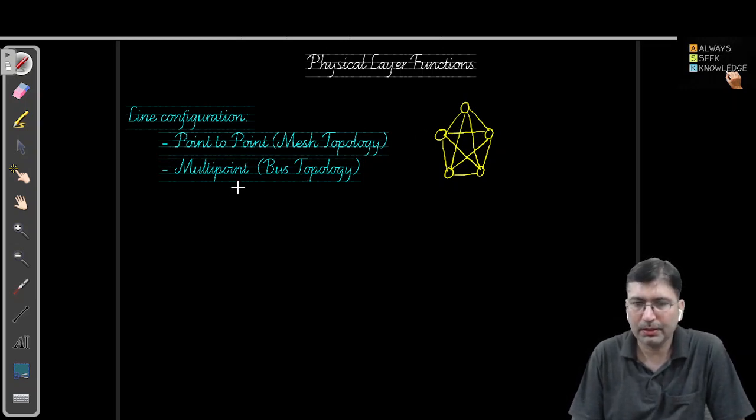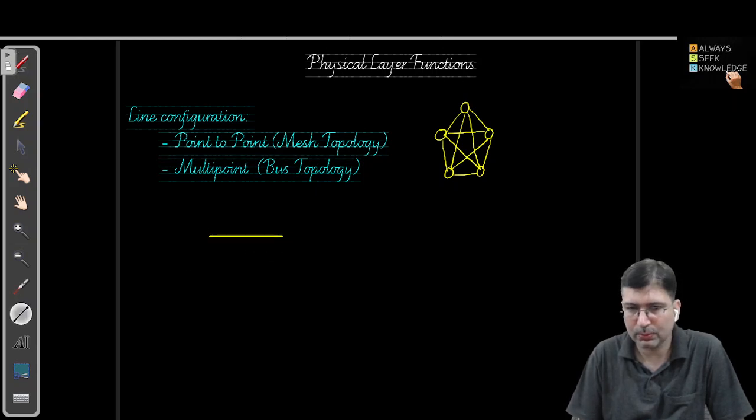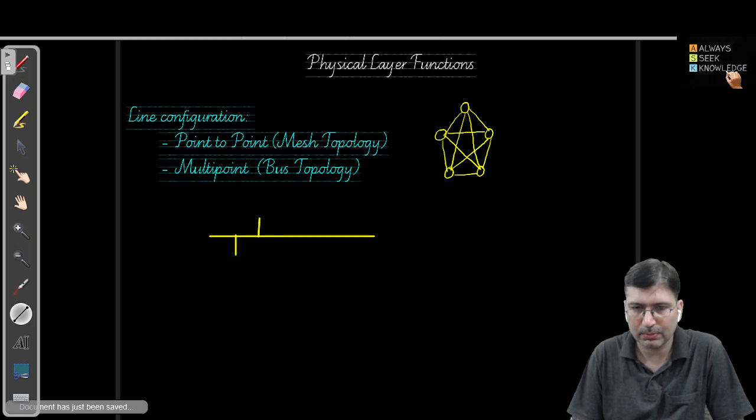But in multi-point line configuration, let's say you consider a bus topology. So in bus topology, we have a backbone network or backbone line. And with that line only, every computer or node will be connected, right?